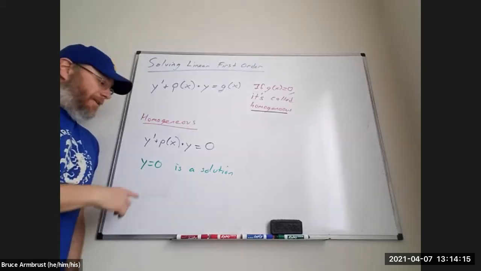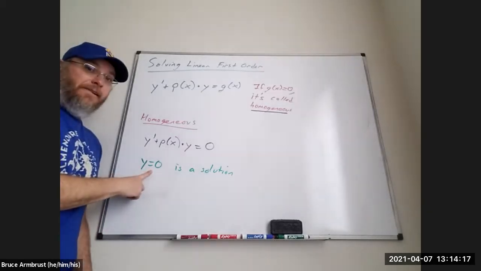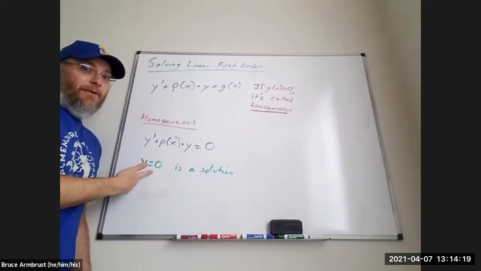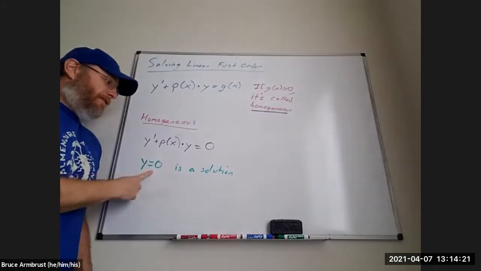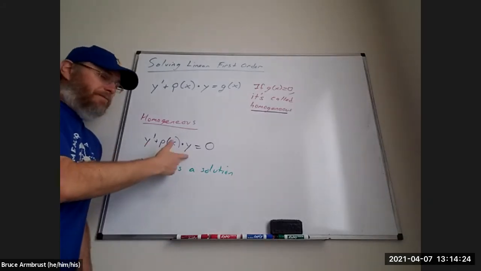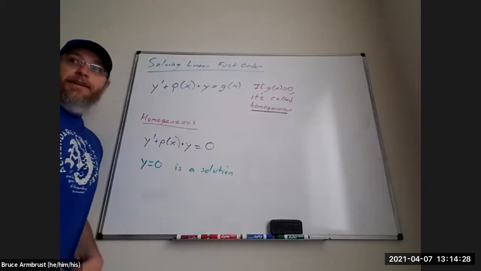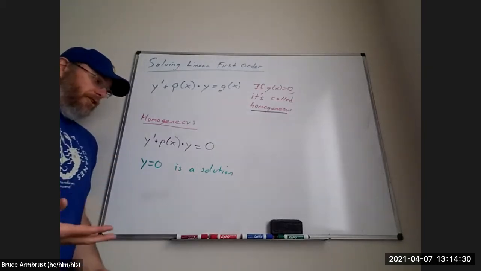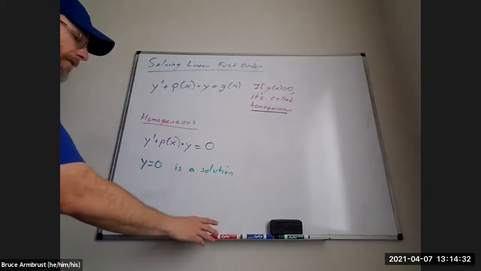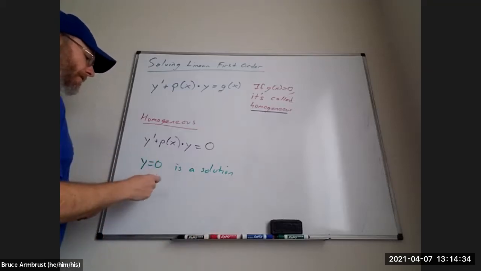Because think about it, you differentiate 0. Well, if y is 0, it's constant, its derivative is 0. So we get 0 plus something times 0, of course, that equals 0. And you're right, Victor, this is the one that we call a trivial solution. So y equals 0 is a solution, but it's trivial.